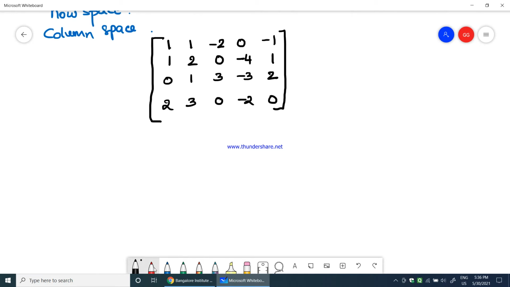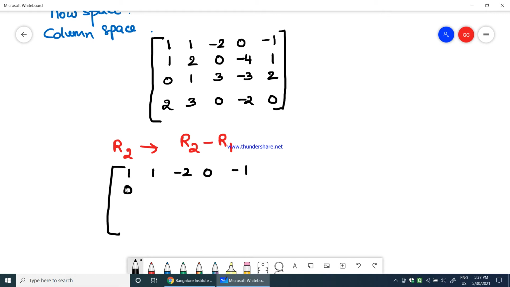Anyway, now we'll apply the Gauss-Jordan elimination method so that we see the reduced form of this particular matrix. We already have 0 here, so we take row 2 first and directly subtract row 1 from it. Then the matrix we get is 1, 1, minus 2, 0, minus 1.